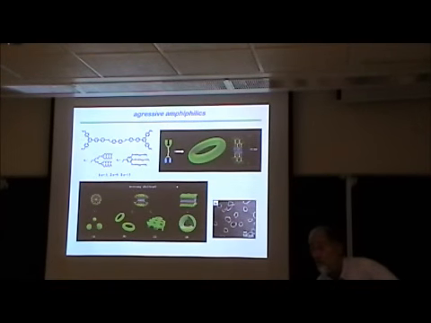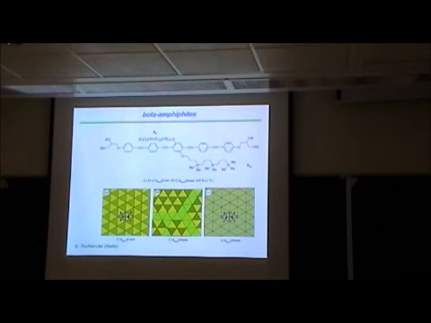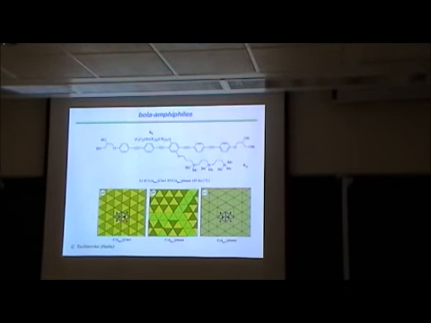What did you vary to get the different pictures? Sorry? What did you vary in order to get the different A, B, C? Oh, what do you vary? Okay, I'm not sure. This may be the length. You vary the length of the tails, for example, and the number of rings in this part, and you can put more hydrogen bonding groups at the end.